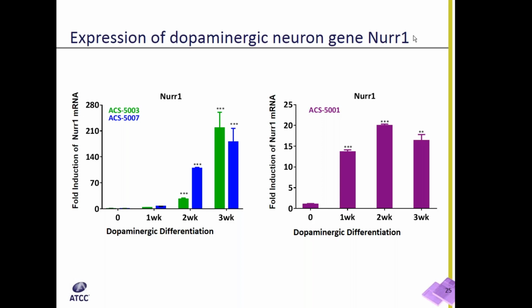Because there was little increase in the expression of these genes in week 1 and week 2, this shows that the neuroprogenitor cells must differentiate for at least 3 weeks before we see mature midbrain dopaminergic neurons. The expression seems to be lower in Parkinson's disease cells, but it is still significant.